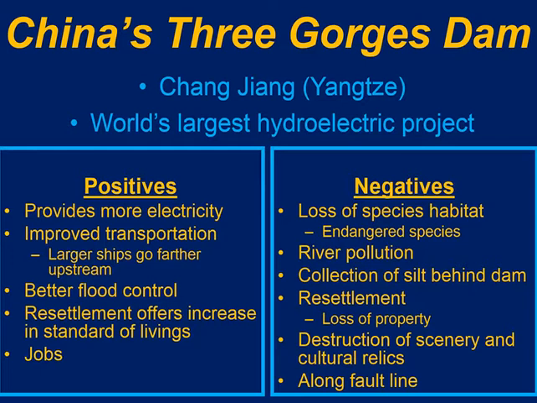However, there are some key negatives. Like we just mentioned, there was some loss of species habitat, so we have some endangered species that have popped up because of this. Further, river pollution has collected behind that dam, along with silt, and having to remove that silt has become quite burdensome.